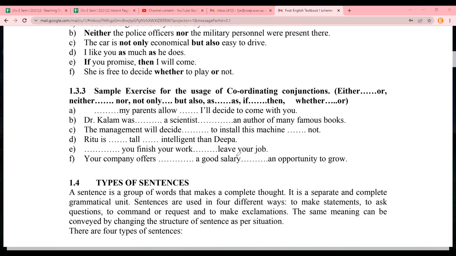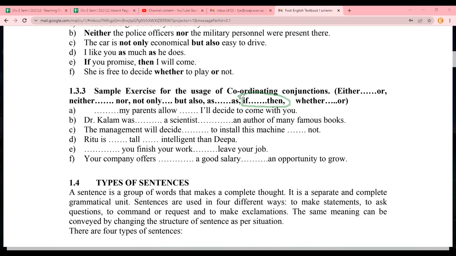So here we'll go through it. First sentence: dash my parents allow dash I will decide to come with you. Either or? No, it will be if then. If my parents allow, then I will decide to come with you.